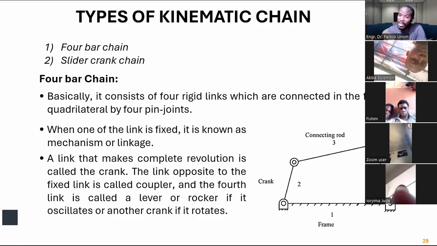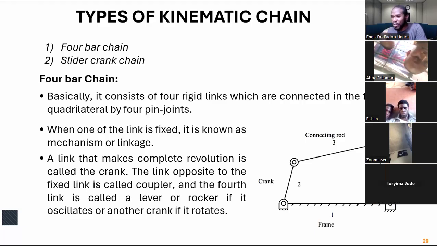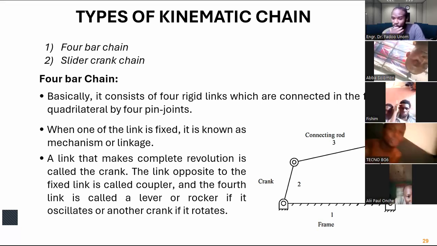We just defined the 4-bar chain. We said the 4-bar chain is an arrangement of links that allow relative motion between the links, and the motion of those links is successfully or completely constrained. What that means is we can predict exactly how that link will move.